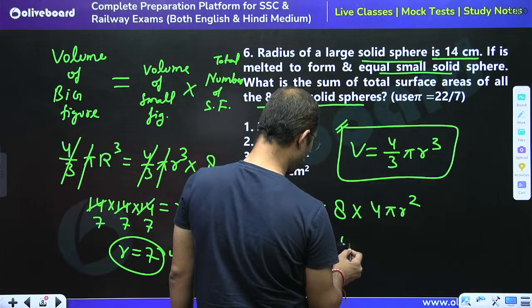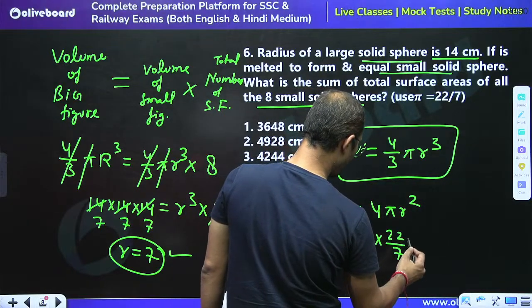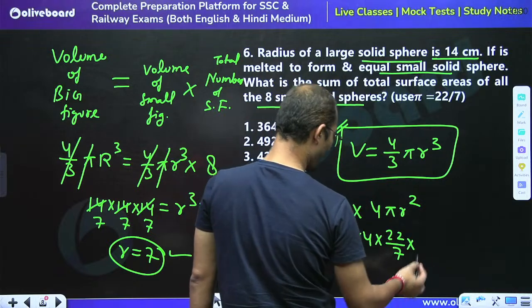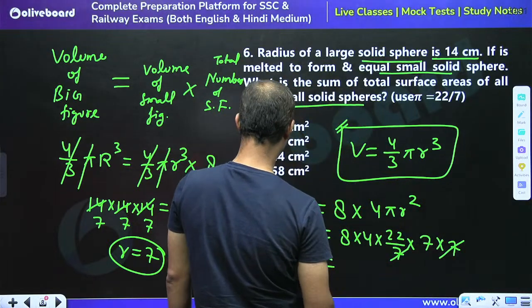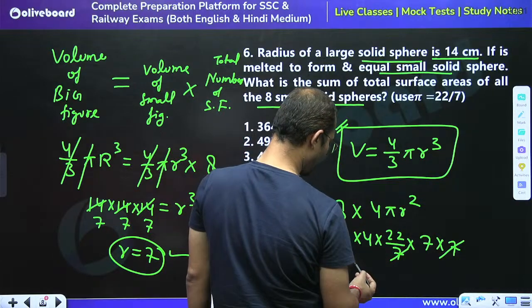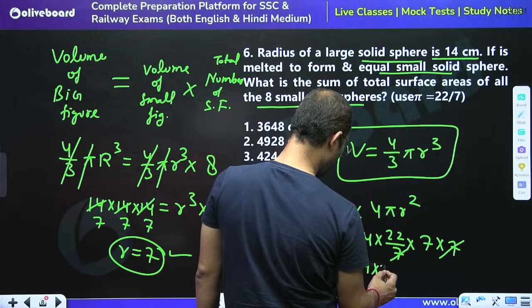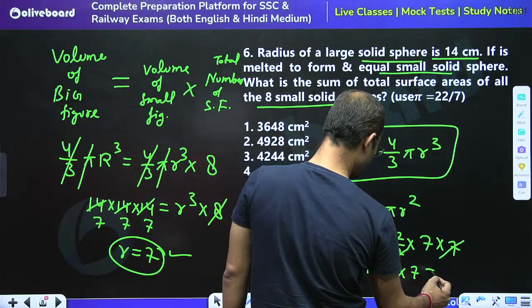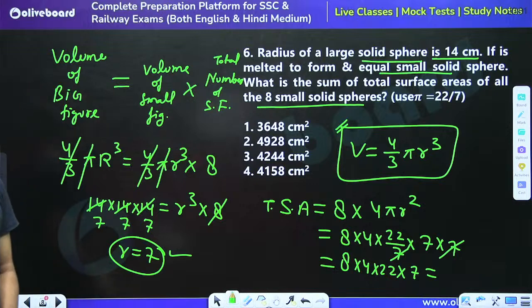So this is equal to 8 into 4 into 22 divided by 7 into 7 into 7, right? So after multiplying this, now tell me what will be the answer. Solve it. 8 into 4 into 22 into 7. Yes, please tell me. Tell me. Second part.